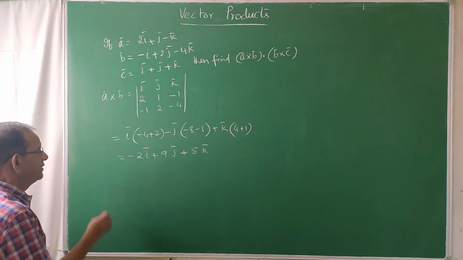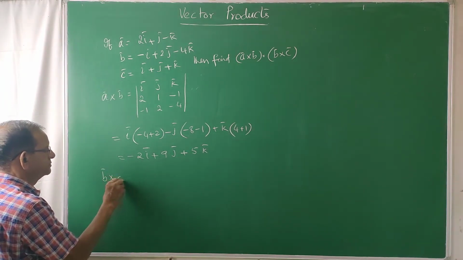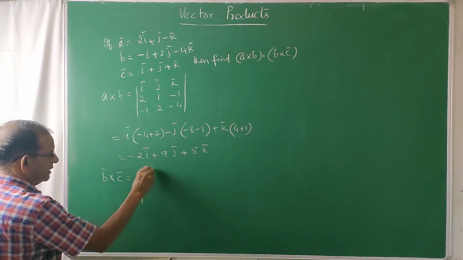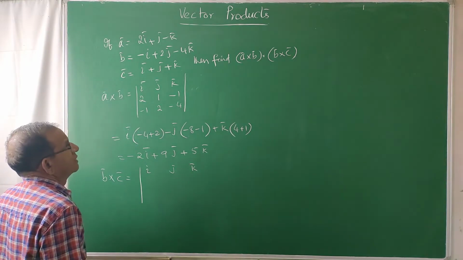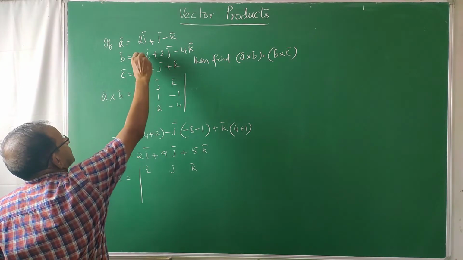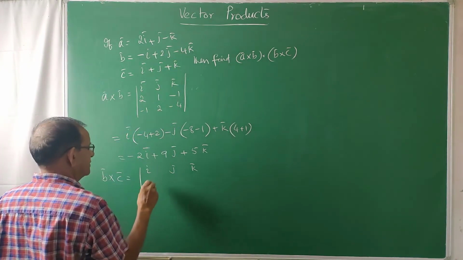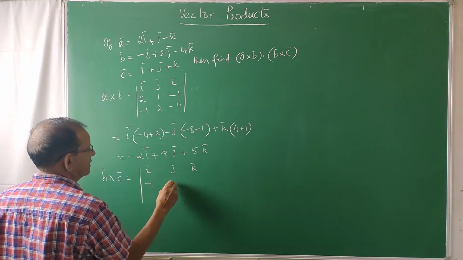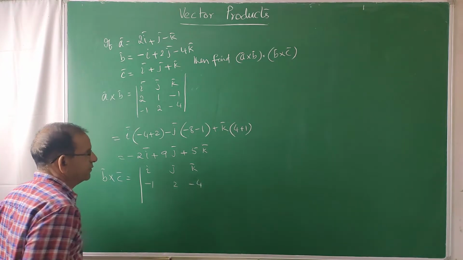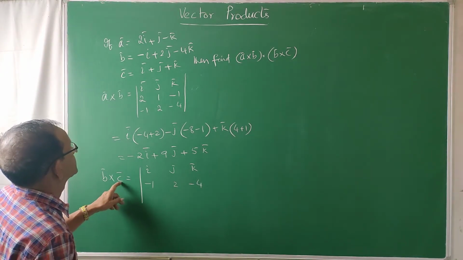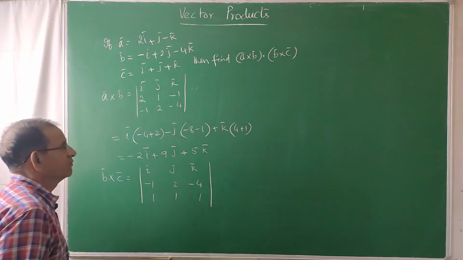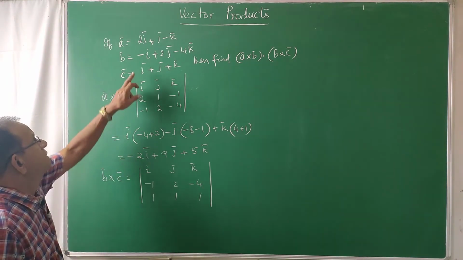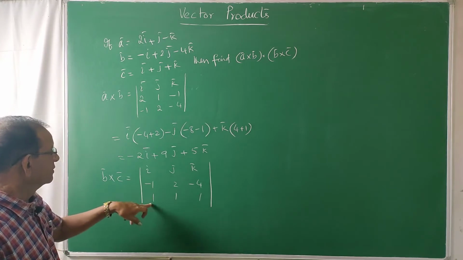Next one, B bar cross C bar. Again you write I, J, K. B bar coefficients minus 1, 2, minus 4. Next C bar coefficients 1, 1, 1.